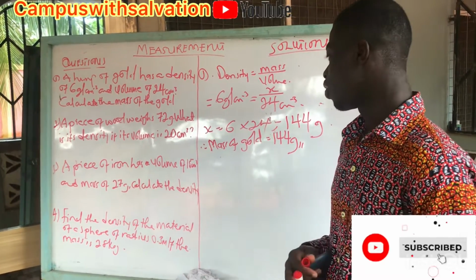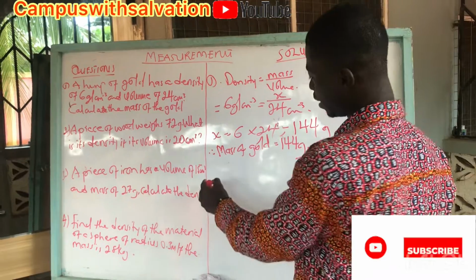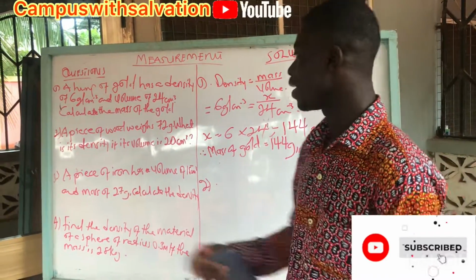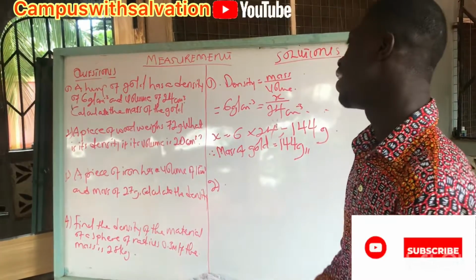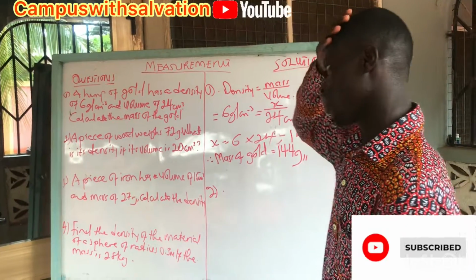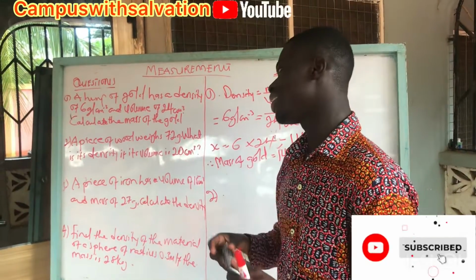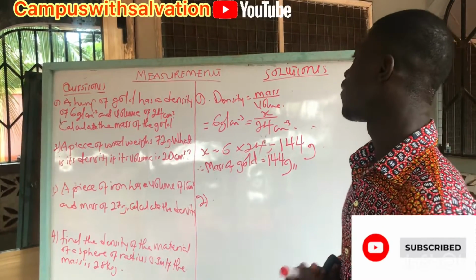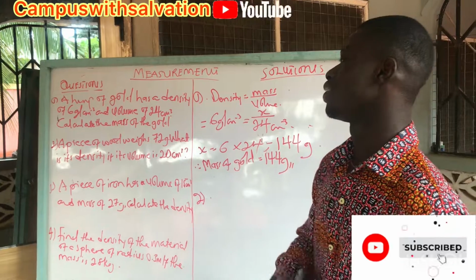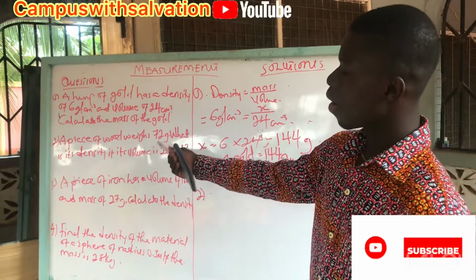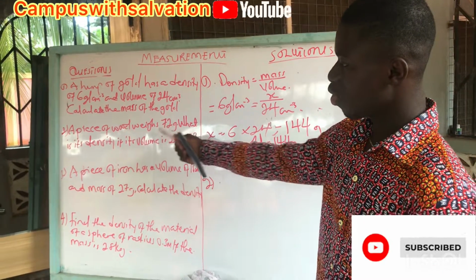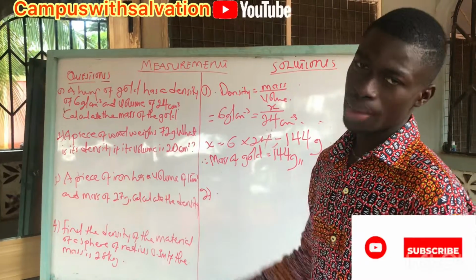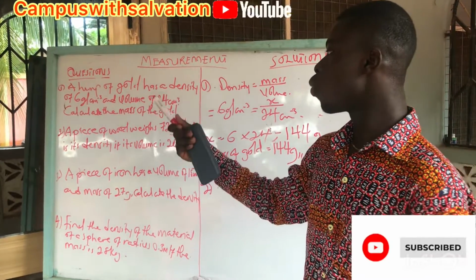So let's proceed with our second question. The second question says a piece of food weighs 72 grams. What is its density if its volume is 20 cm3? So here we are looking for the density because the density wasn't given, but we have our mass because a piece of food weighs, so it is talking about the mass of that food.